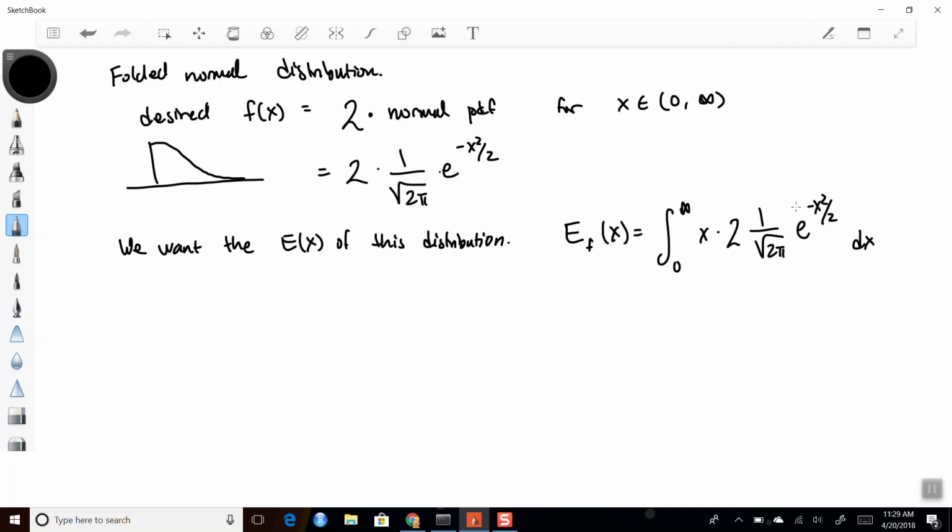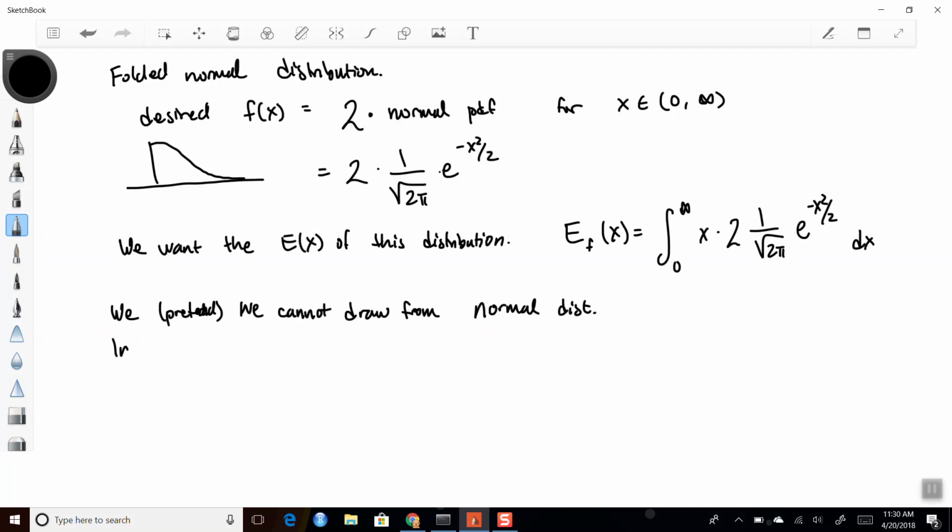And instead we'll draw from the exponential distribution. We can change up the exponential just for kicks. Okay, so this is what we want. We pretend we cannot draw from the normal distribution.